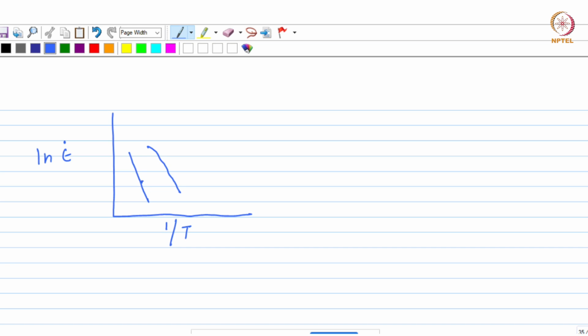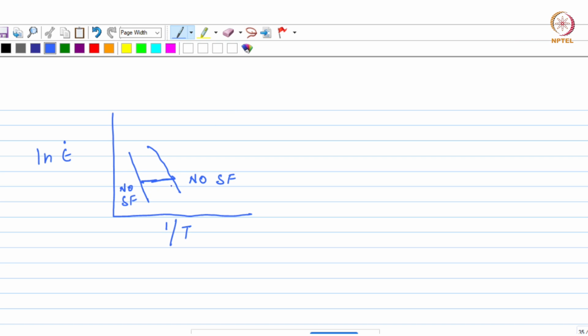Right, so this is the temperature range in which it occurs. Below this, there is no serrated flow, and above this also, there is no serrated flow. Okay, only within this range, the serrated flow or dynamic strain aging will occur.